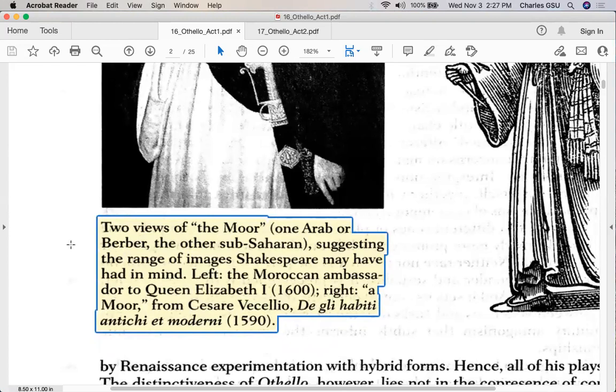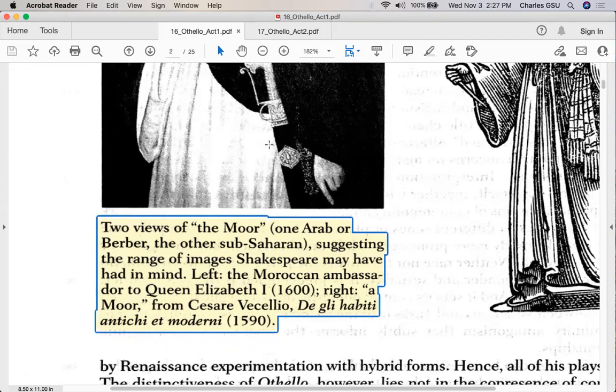Berber is still a group of peoples in northern Africa who are not genetically African per se, or sub-Saharan, suggesting the range of images Shakespeare may have had in mind.